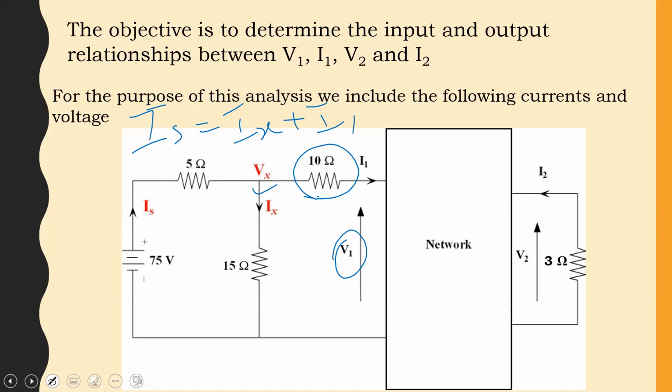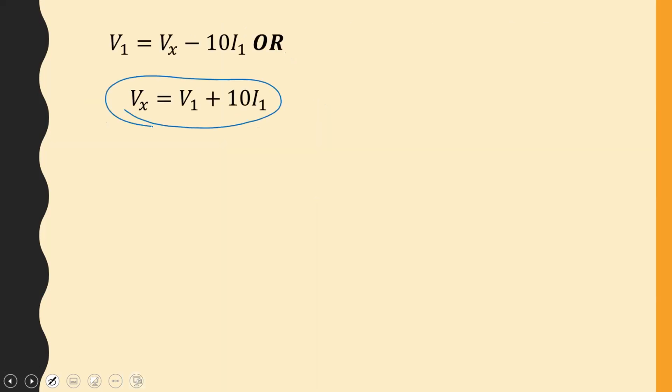So V1 is equal to Vx minus 10 I1. So that's the first equation we can write. Or Vx is equal to V1 plus 10 I1. Let's rearrange. Nothing spectacular.